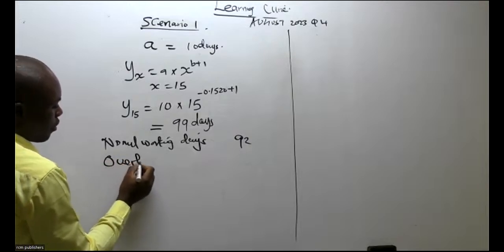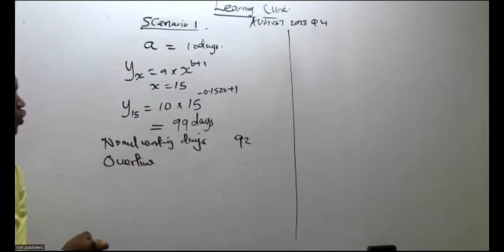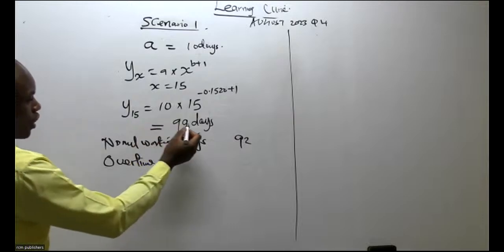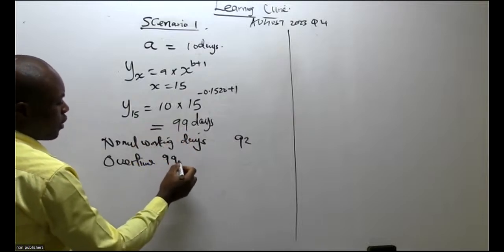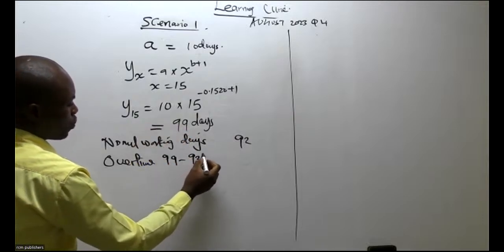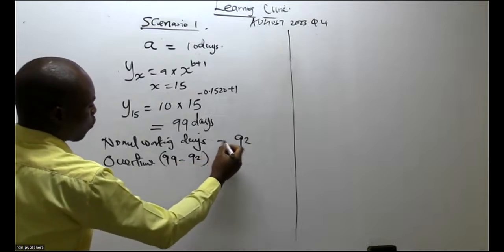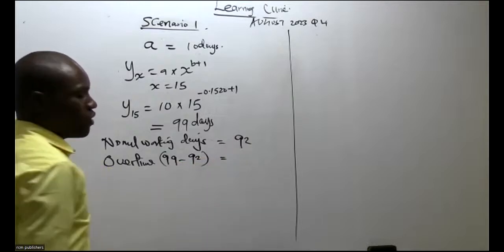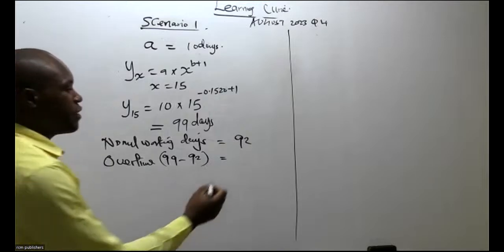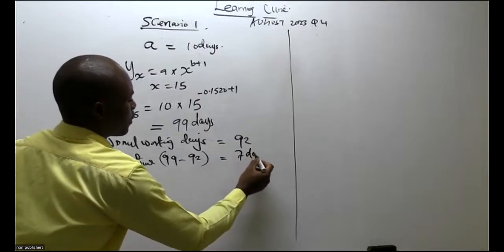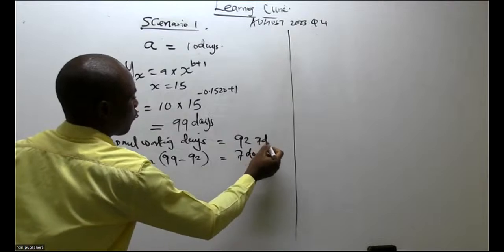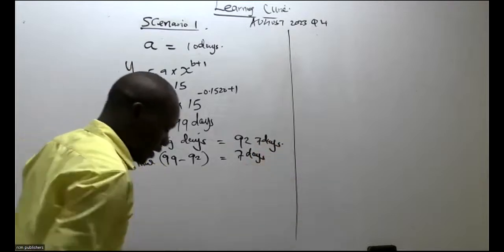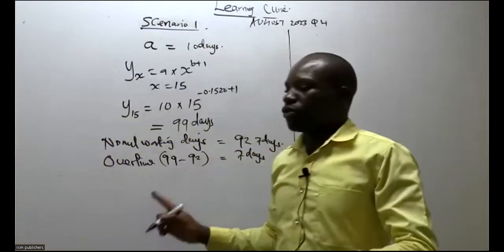Overtime, how much will it be? The total number of days they need is 99. Normal working days are 92 days. So overtime will be 7 days. They have decided to work overtime for them to deliver these buses.